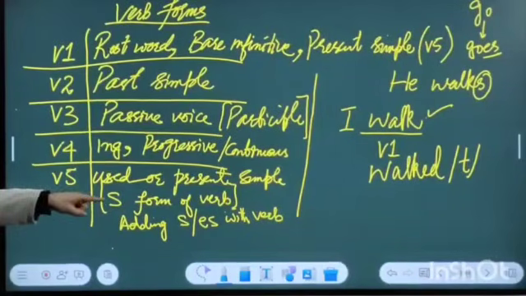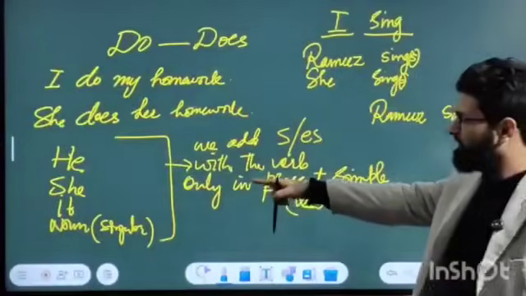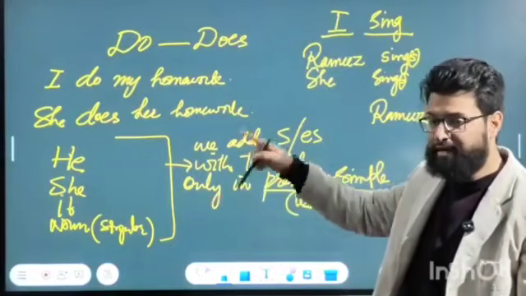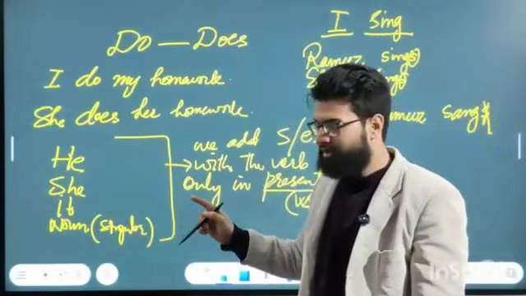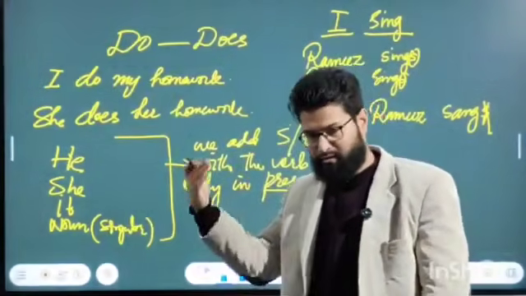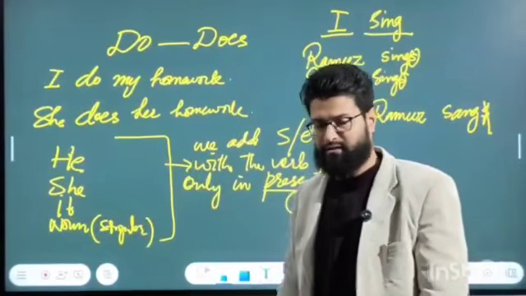Doesn't that mean V5 is used with those four words which I showed you here? Does it have a connection? Yes. I add S only with he, she, it and singular noun. Can you give me an example of it? You will have to bring a verb after this word and then add S with the verb.